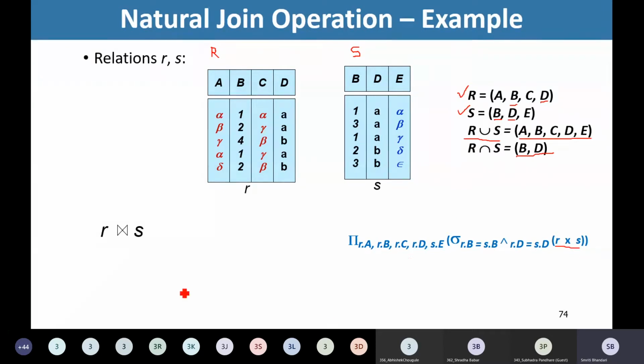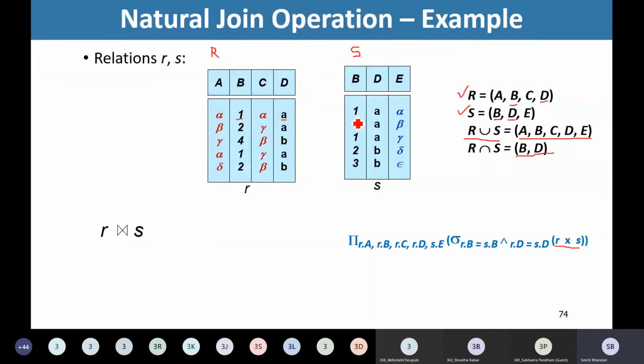R cross S will have 25 tuples. Now, on this result of 25 tuples, we impose a predicate such that we match the values of common attributes. The common attributes here are B and D, so we want to match those values.